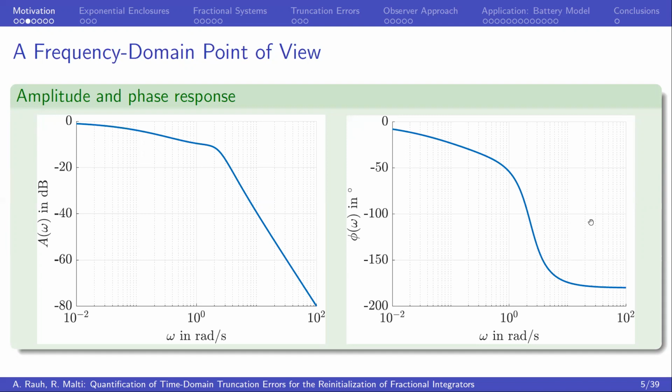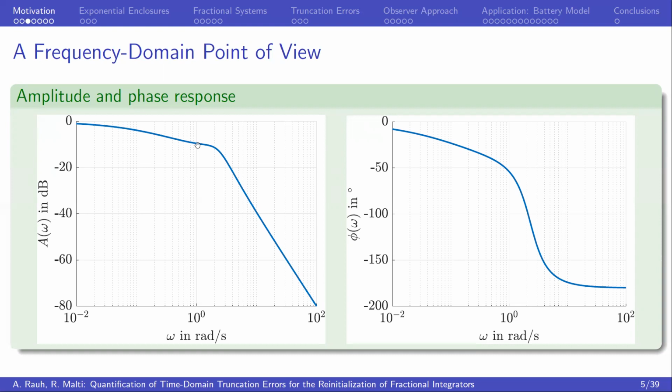Now, what you're noticing is, on the left-hand side, for example, the amplitude response does not only have multiples of plus minus 20 decibels of variation in the magnitude per frequency decade, but also something in between, something close to a variation of minus 10 decibels per frequency decade here in the low frequency range.